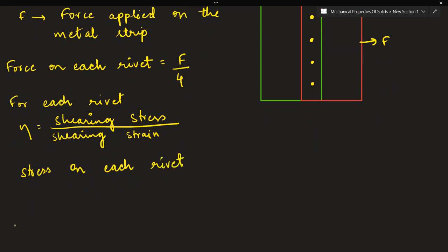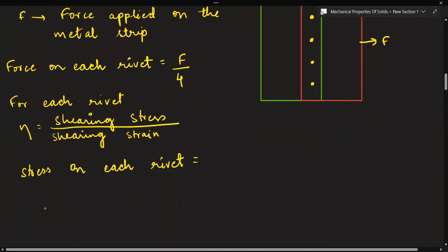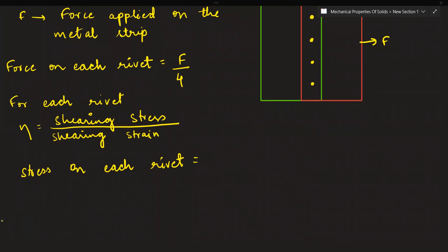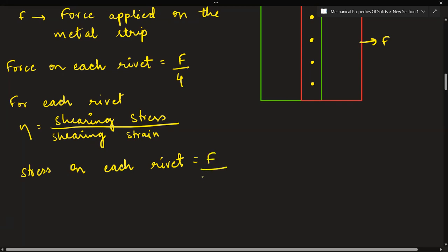On each rivet, F by 4, into area. Exactly, because force upon area is the formula for stress.